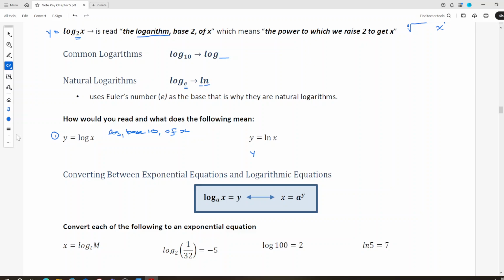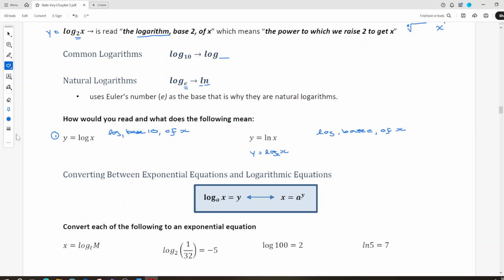Just like this one could be read as y equals the natural logarithm of x, or y is log base e of x. So the key thing is the log of x, right? And then it'll be log base 10, log base 2, log base e. It could be log base anything, but you're taking the log of x with some base.